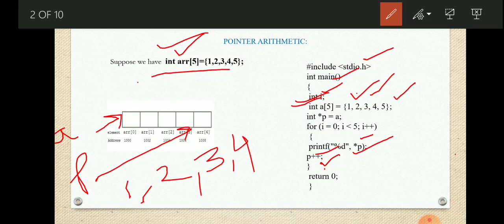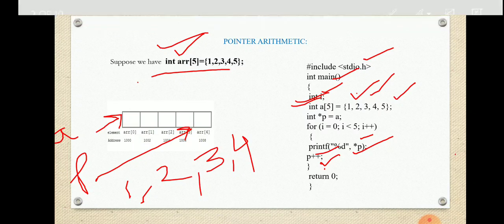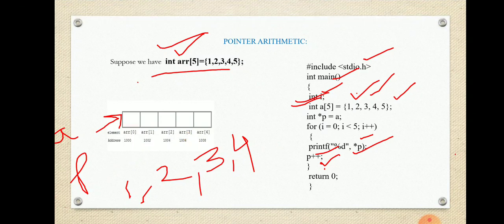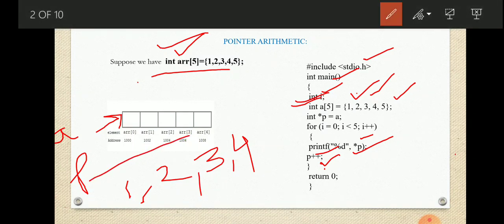Right, again P plus plus, then it will point to ARR of 4. ARR of 4 means asterisk P value is 5, so it will print 5. Again P plus plus, what will P be pointing to now?